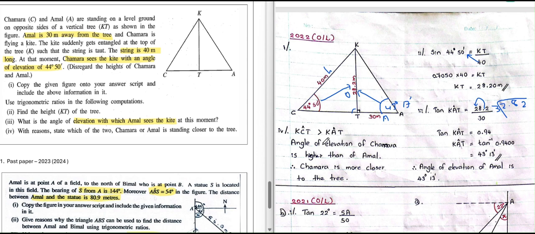That is what I have written here: the angle of elevation of Chamara is higher than that of Amal, therefore Chamara is closer to the tree. When something is very close, the angle of elevation we need to look at the top of it is higher. So that's it for the question 2022.